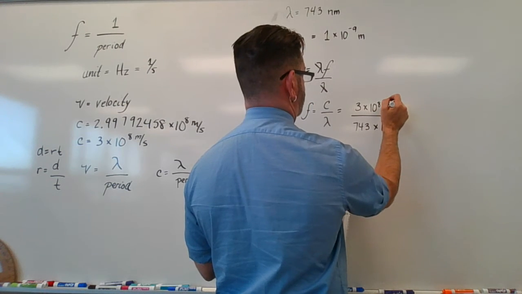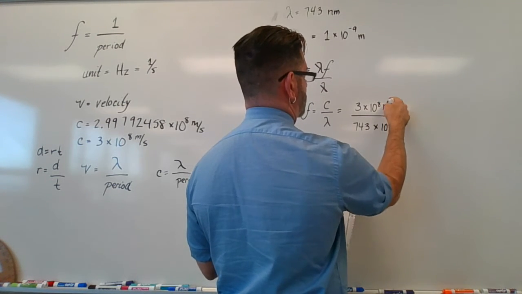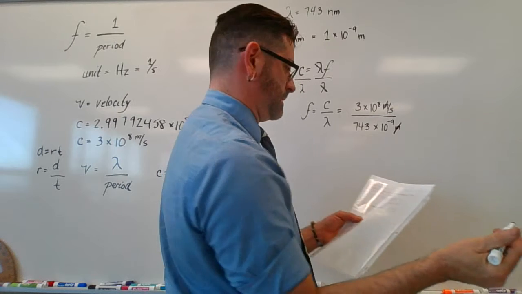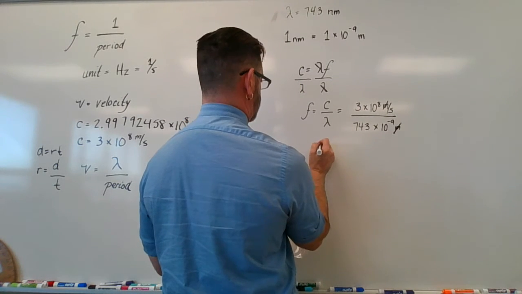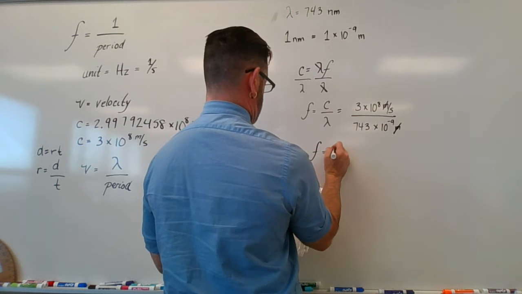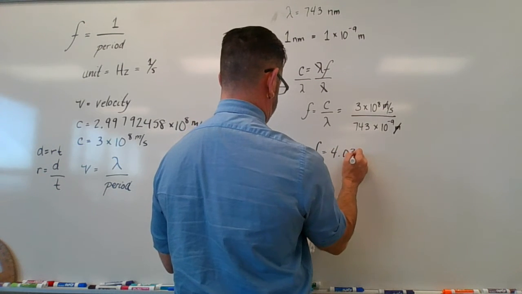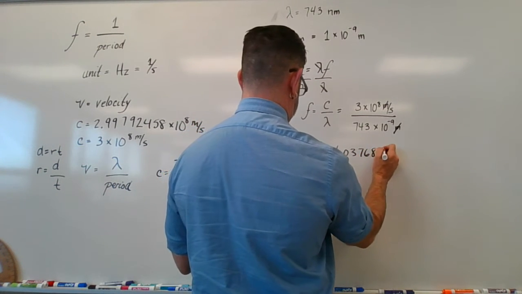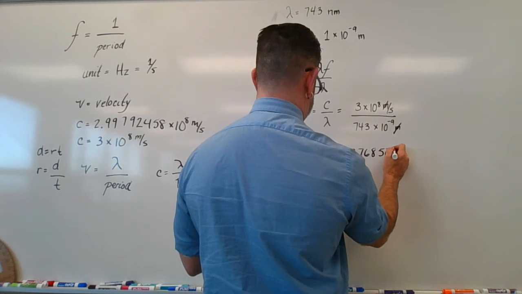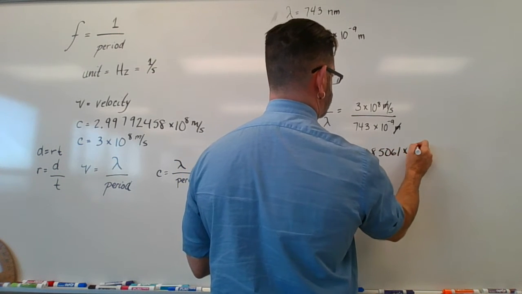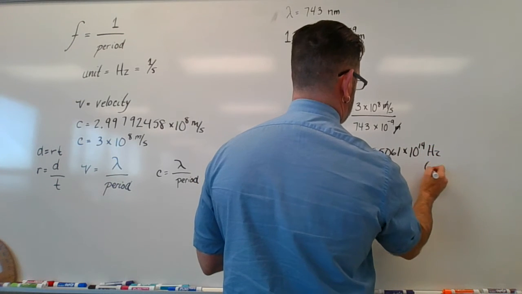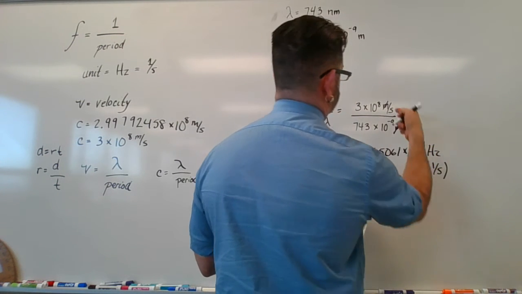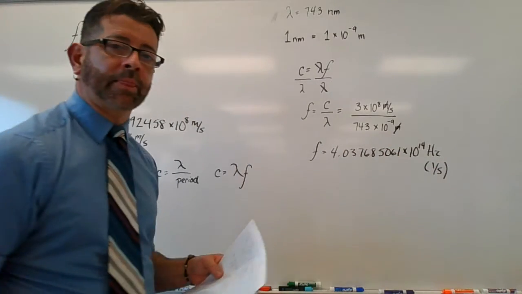Our meters cancel. We're left with 1 per second, or hertz. And when you divide those out, you should get a frequency of 4.037685061 times 10 to the 14th hertz, or 1 per second, just like our unit would be here.